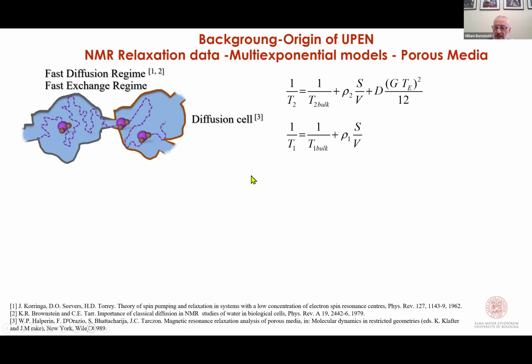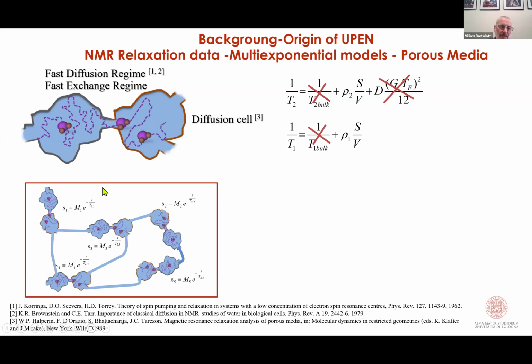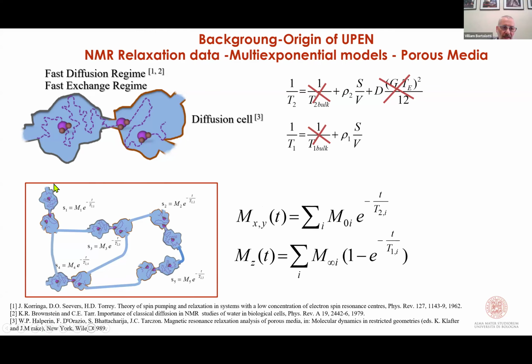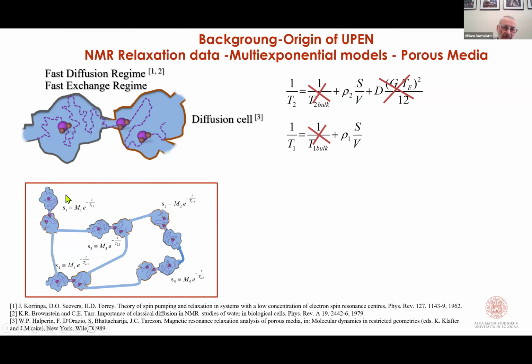If we suppose that we are in fast diffusion regime and fast exchange regime, then what remains is just a term depending on the relaxation on the surface. So inside a sample, for example a rock, we have many different diffusion cells.